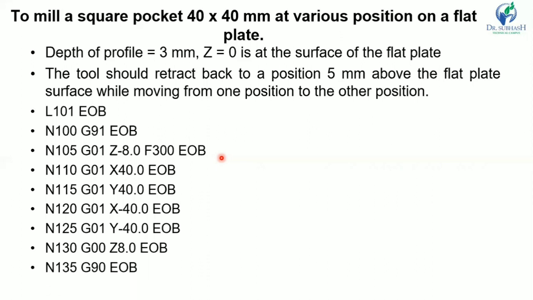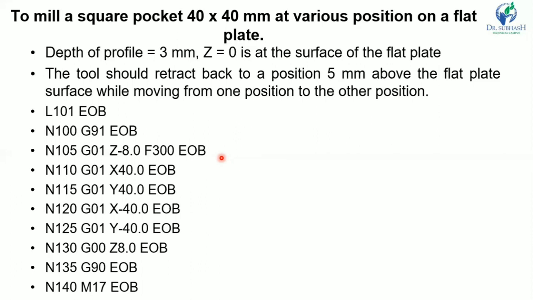Then G90 end of block means the absolute mode again, and M17 means the end of the subroutine. So this is the process of the subroutine.